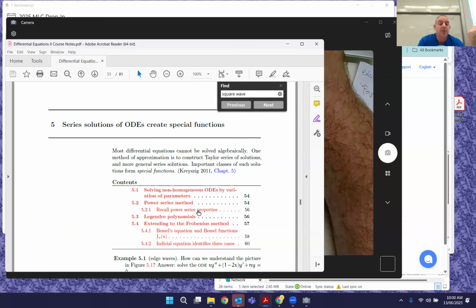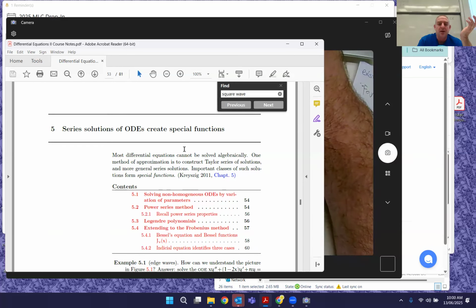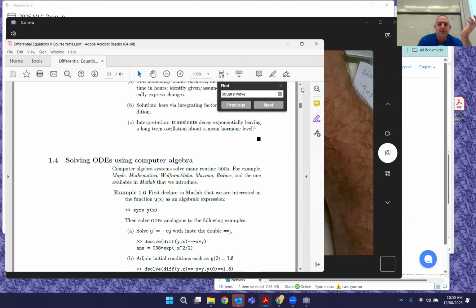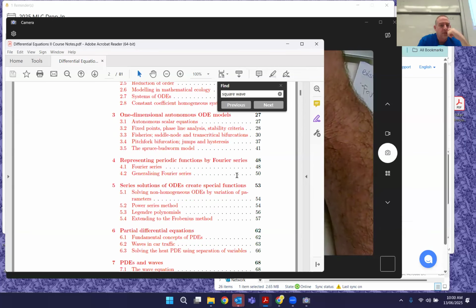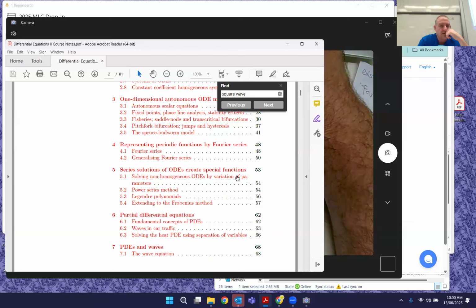Oh, and now we're in a whole separate chapter, and then they come back again later. Okay, gotcha. So then the next time they appear is back in PDEs. Representing them by Fourier series. It's been like 2 pages, and then suddenly they come back down here.